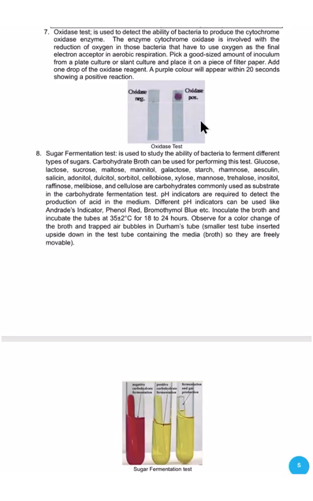The reaction should be very fast within 20 seconds, because if it changes after more than 20 seconds, then this is a false positive result, because the reagent itself is oxidized by the oxygen in the air. That is why the reaction should be very fast once you add the drop. If it changes within 20 seconds, that means the bacteria has the oxidase enzyme.